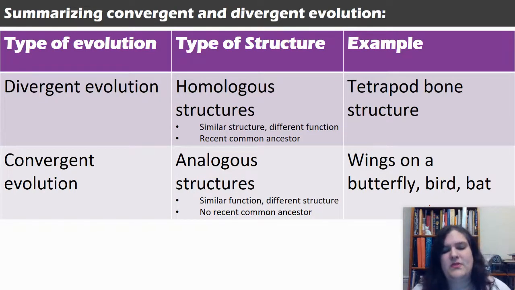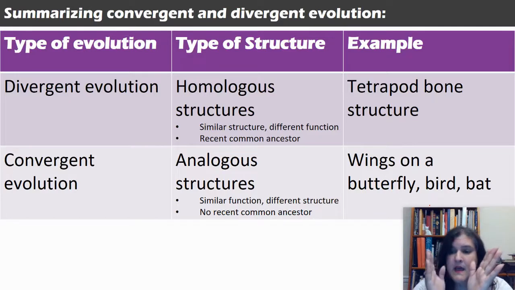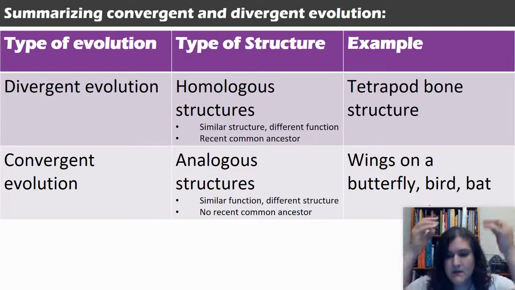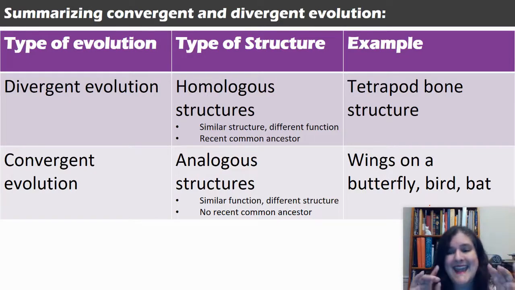But not in that same sense. Okay? And so our example here was the wings on a butterfly, a bird, and a bat. Those are analogous structures. Okay? So keep those straight. Divergent, homologous, convergent, analogous.